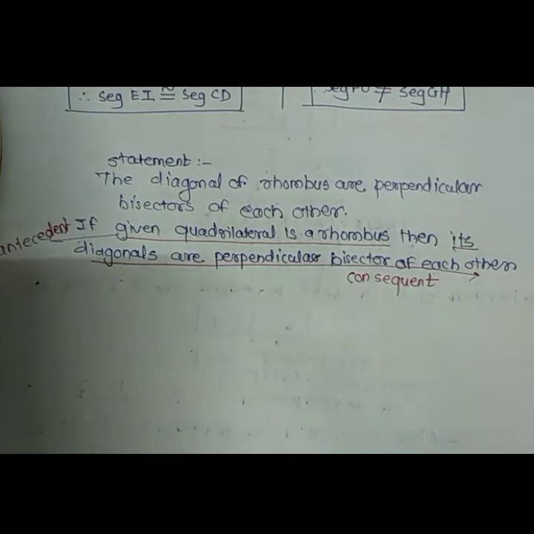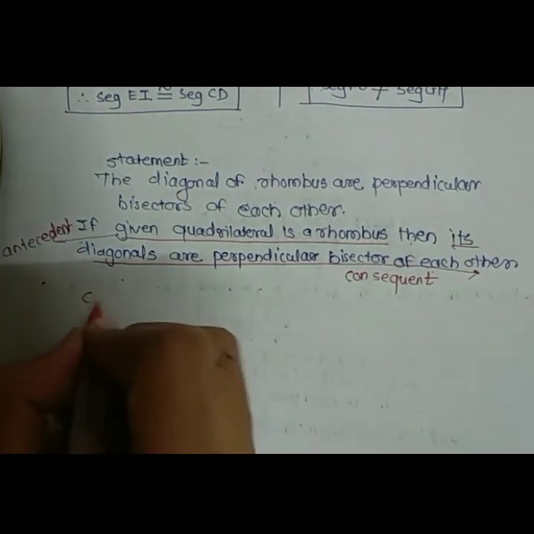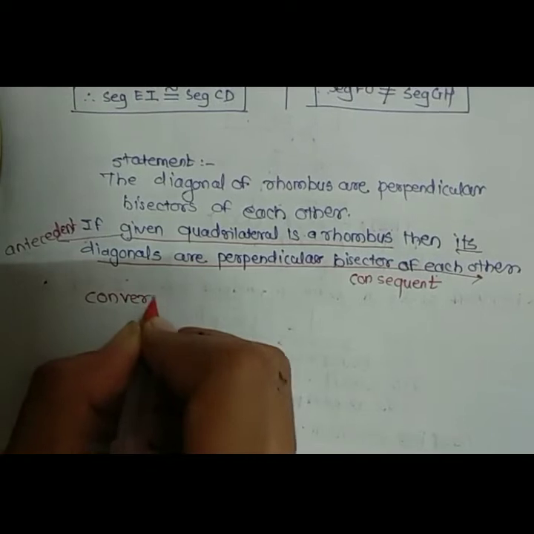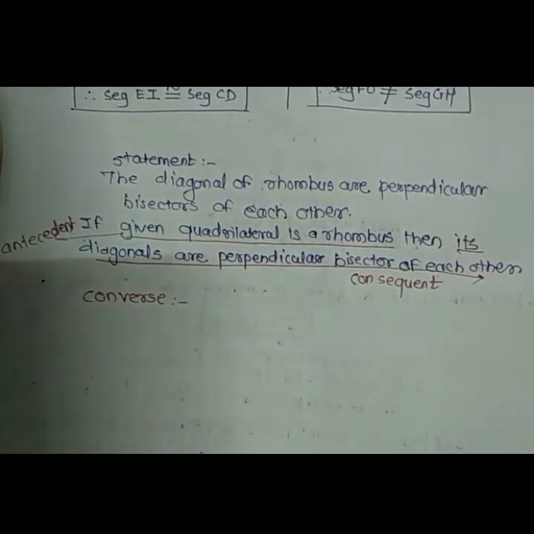Let's see what is meant by converse. Converse means opposite of the statement. If the antecedent and consequent in the given conditional statement are interchanged, the resulting statement is called the converse of the given statement.